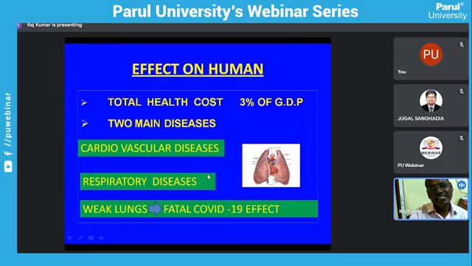Most diseases, the respiratory diseases, as per my view, we can link to pollutants, because pollutants decrease our immune system and affect our respiratory system, and of course corona also affects our respiratory system. So our respiratory system has gone weak due to pollutants, and then corona has taken its toll.